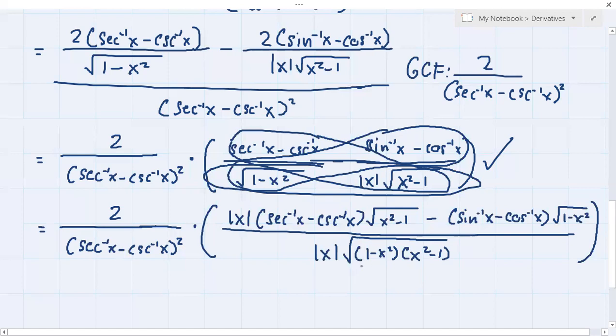Okay? So, paano ko to nagawa? Kapag kasi minultiply mo yung dalawang denominator, ganito kasi maging itsura niya, di ba? Square root of 1 minus x squared times the square root of x squared minus 1, or baliktarin mo sila ng position, it's still the same. Okay?